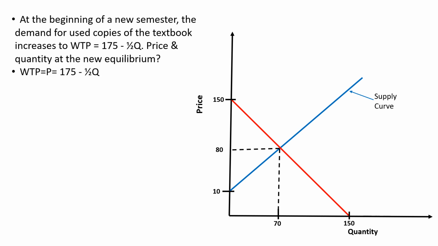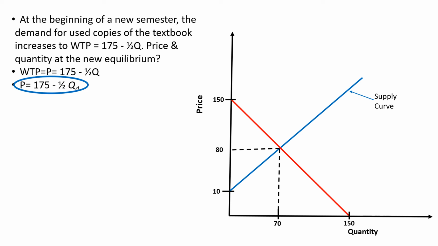We use the new willingness to pay function, which is 175 minus half multiplied by Q, and that can be expressed in terms of price because we know that the willingness to pay is the same as the price. So we have P = 175 - 0.5QD, where the subscript D just signifies that that's the demand side of the problem.